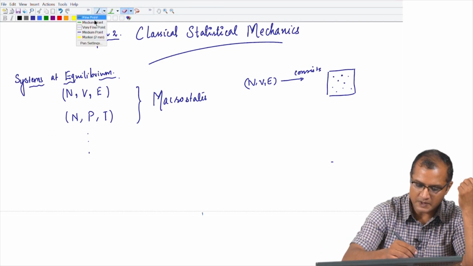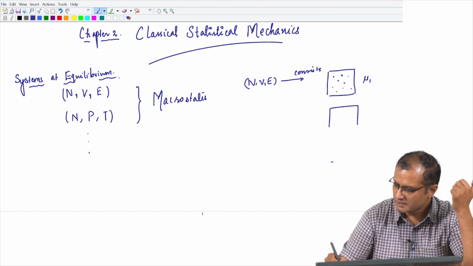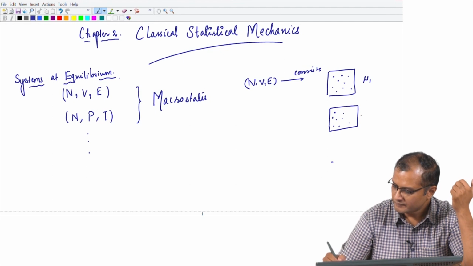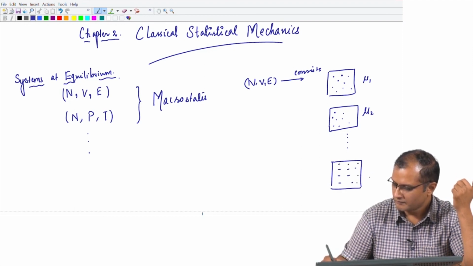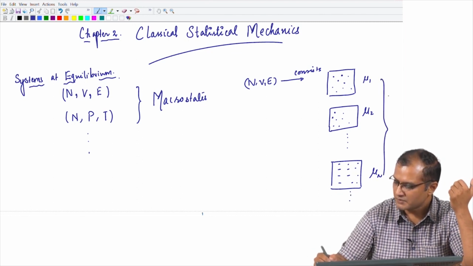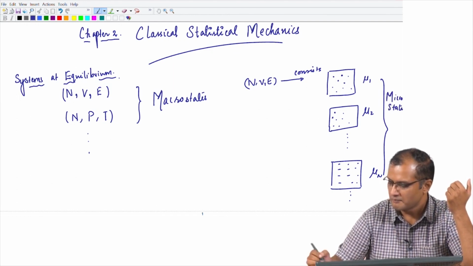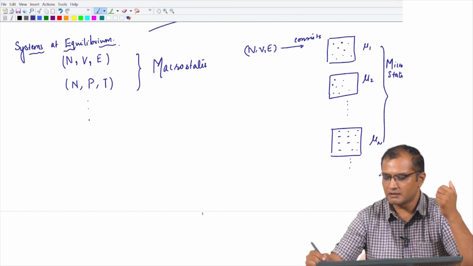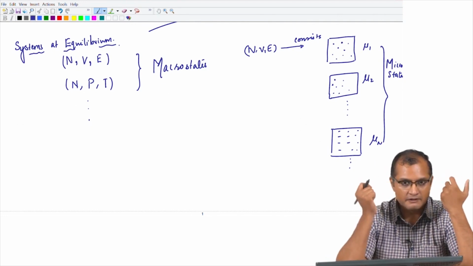So, I can take one macro state and take the system in several different microstates. So these are basically microstates. Okay. So, this is like the specific arrangement of particles and momenta in the phase space.